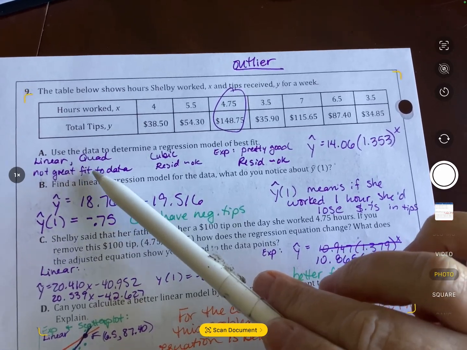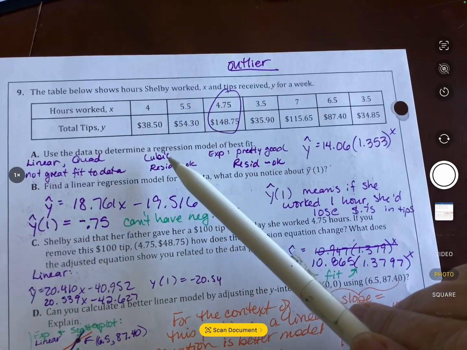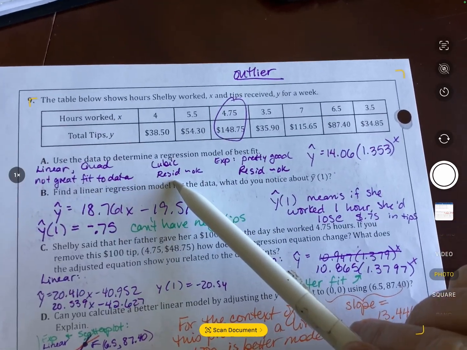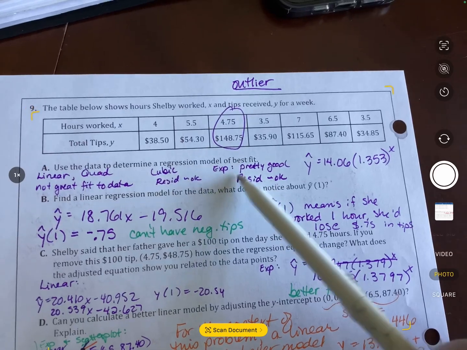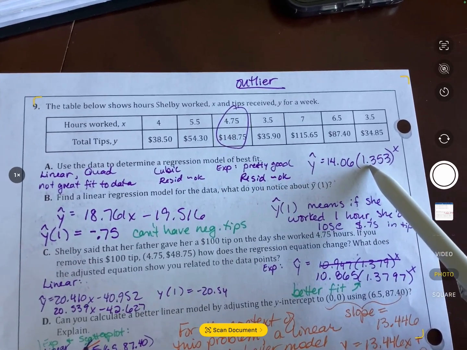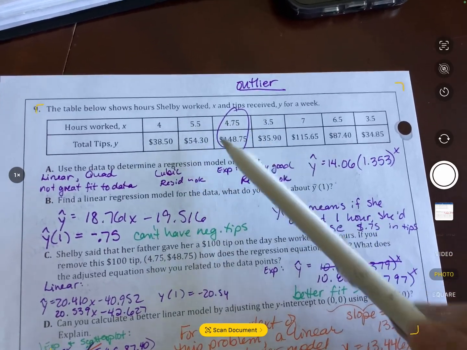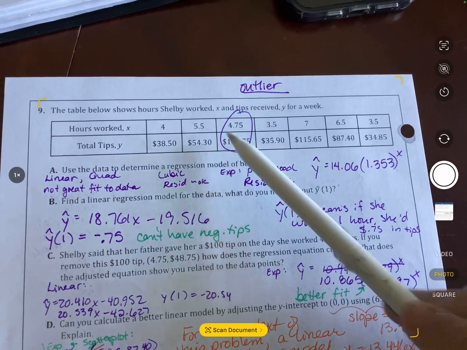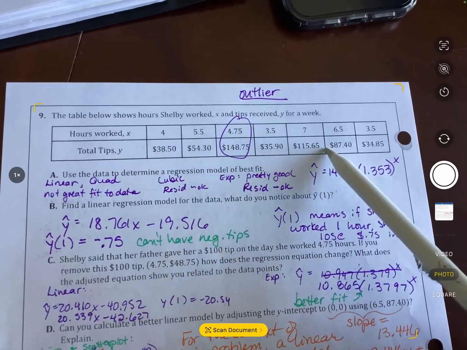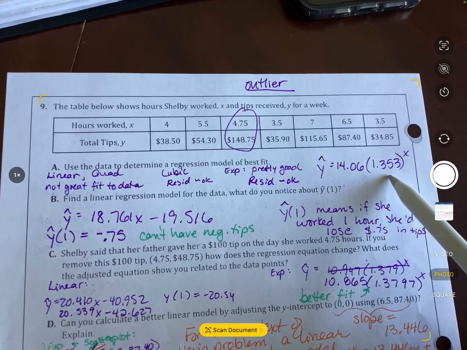Then I did quadratic, and I noticed it wasn't a great fit with the points, and cubic was okay. I looked at the residuals. Exponential was okay. And I went ahead and picked exponential because when I graphed the exponential regression through these scatter plot points, it was better than cubic. So that was the equation I decided to go on.